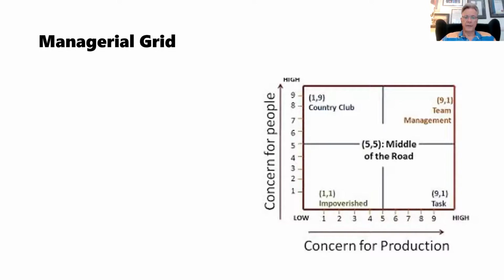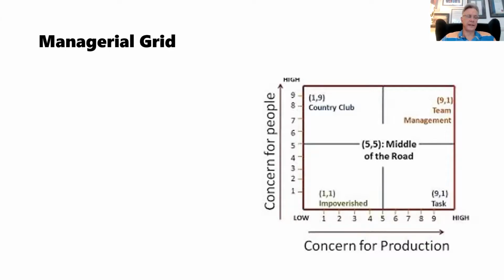So, for example, if you look down the bottom left-hand corner, you can see what they call impoverished leadership. In other words, it's got a low concern for people and a low concern for production. So this would be like a reluctant team leader who's been put in this position, who really doesn't want to be the team leader, but for whatever reason, they are designated as the team leader.